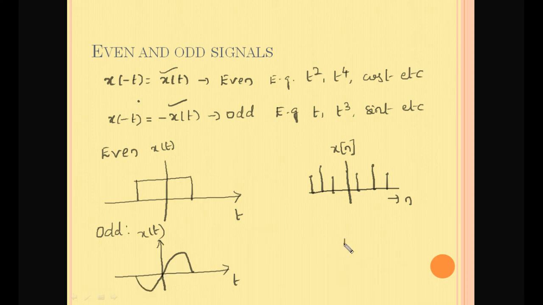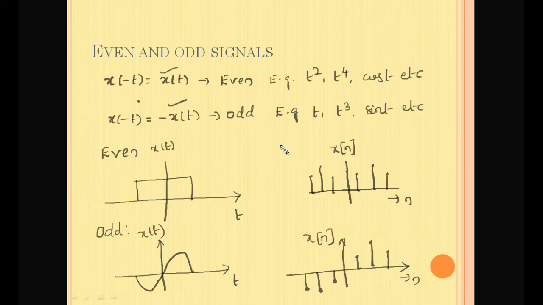In the case of discrete, here it is n and this is x of n. The signal will be represented like this. When you look at these observations, it will be the negative of the original value. Such type of signal is called an odd signal.